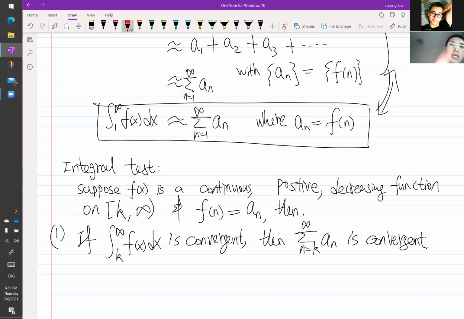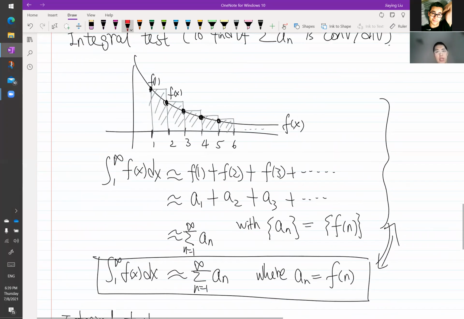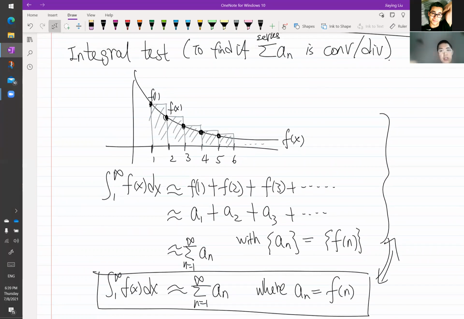What this says is that if we consider the area beneath the curve, and that total area is finite, then the series is finite too. If you add up all those rectangle areas, you also get a finite total area.